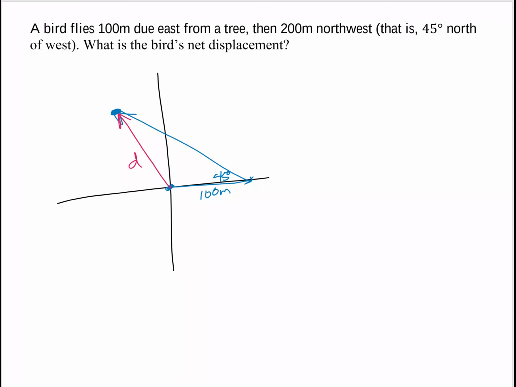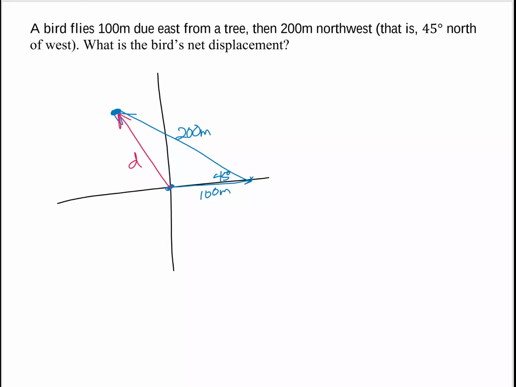Now, the smart thing to do here, oh, I forgot to label this, 200 meters. So the smart thing to do here is to break the displacement vector into components right away, okay?